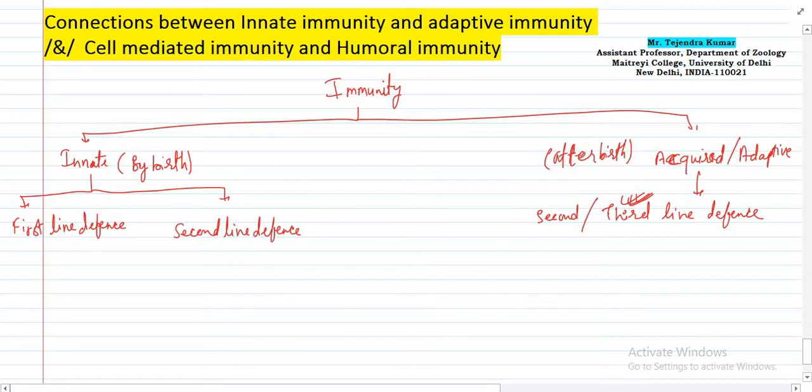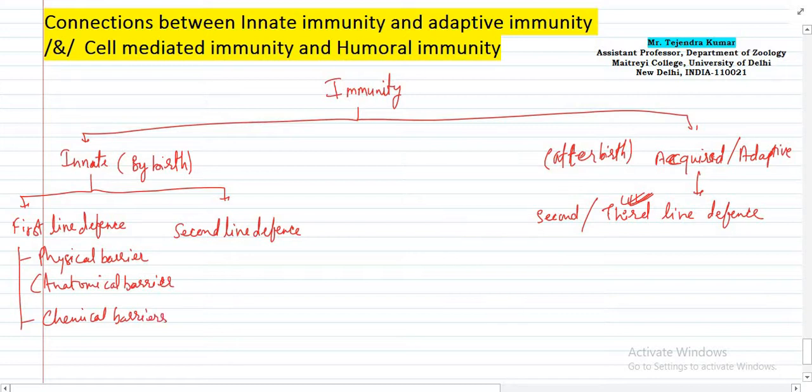These are physical barriers, or we can say anatomical barriers, chemical barriers, physiological barriers, even inflammatory barriers, and even phagocytic barriers.